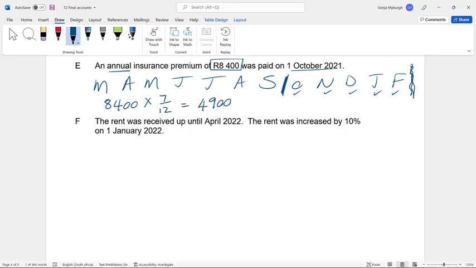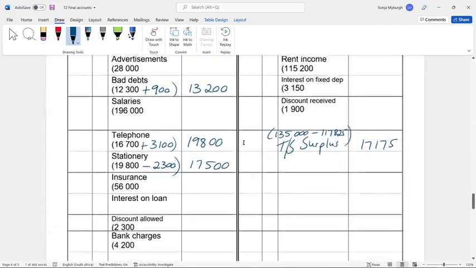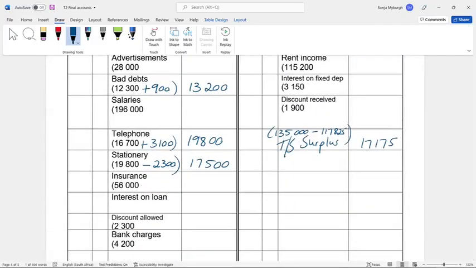We already paid, but the expense is not for this year. So we must subtract that from insurance, so that our real amount for insurance will only be for this year. We've paid 56,000, but of that 4,900 is for the next financial year, so our expense is 51,100 for insurance.